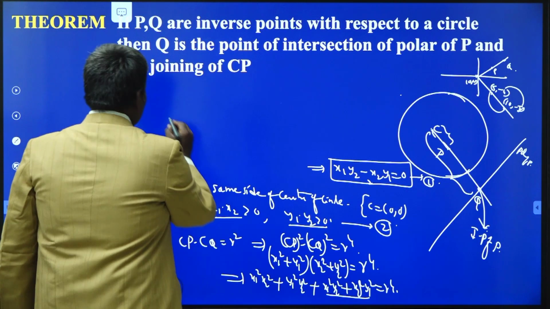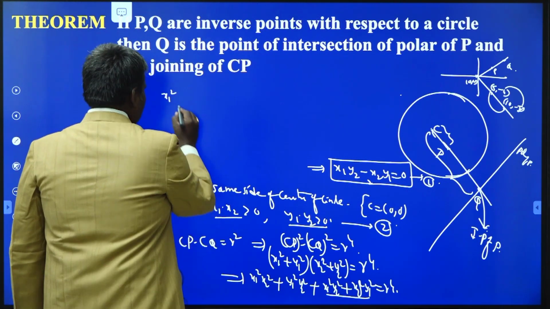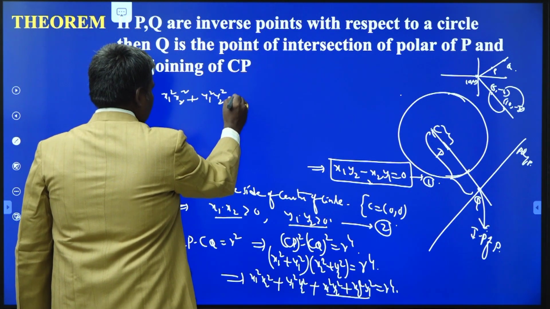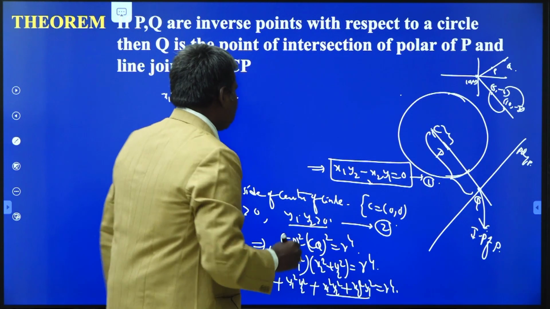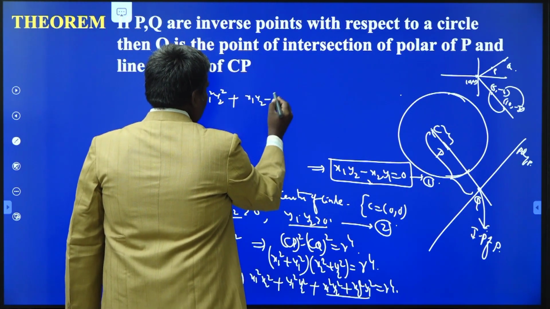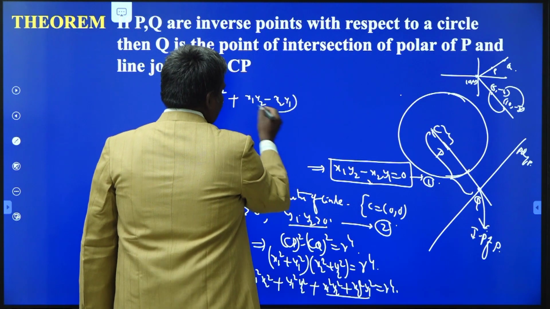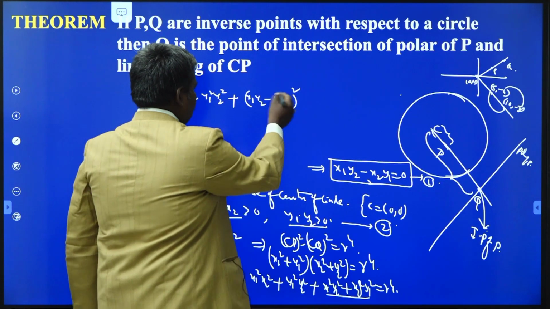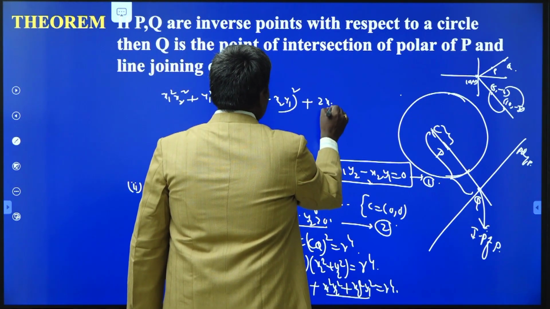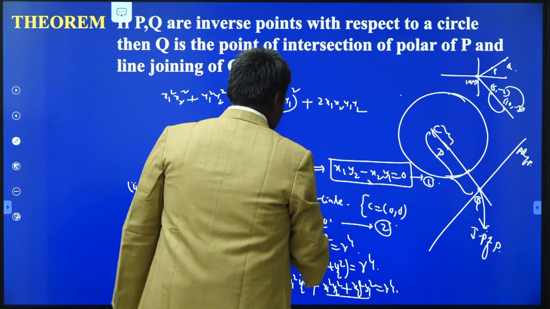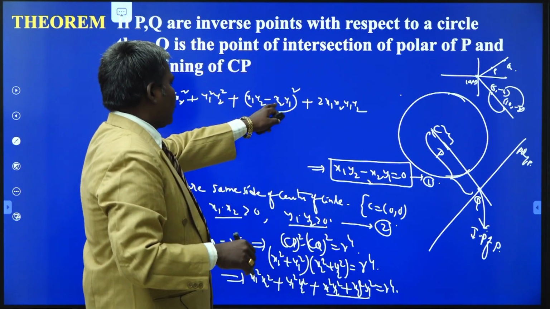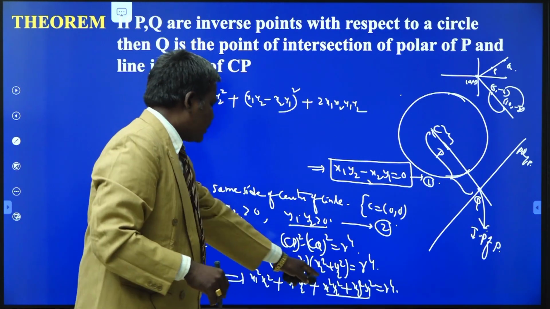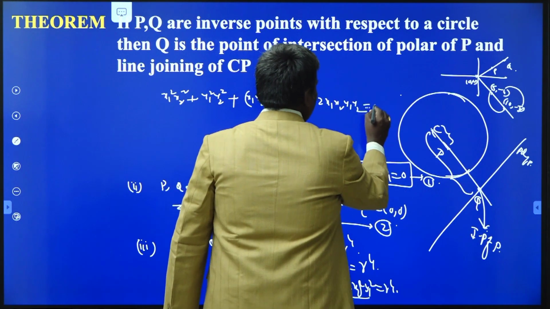Now x1 square x2 square plus y1 square y2 square plus x1 y2 minus x2 y1 whole square. I am writing one extra term, minus 2ab is there, that is why I am writing plus 2 x1 x2 y1 y2, then it becomes balanced. x1 square y2 square plus x2 square y1 square minus 2 x1 x2 y1 y2 plus 2 x1 x2 y1 y2 gets cancelled, so you get the same value equal to r power 4.